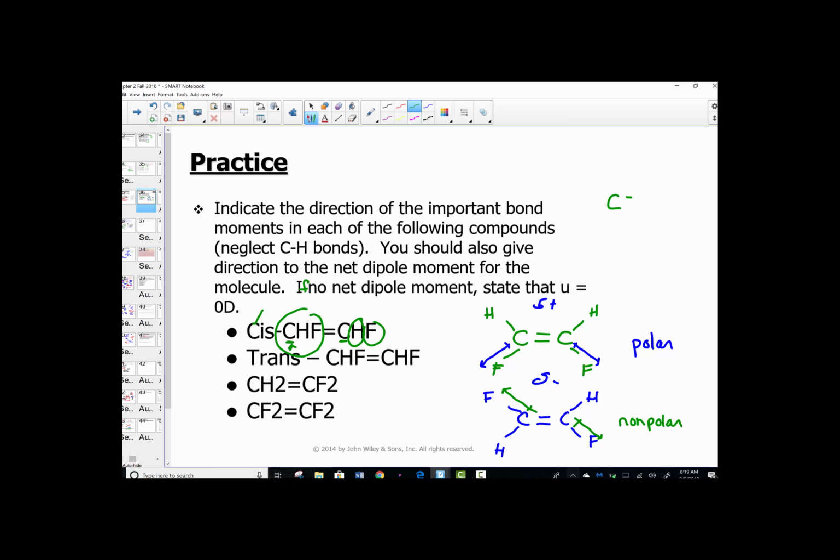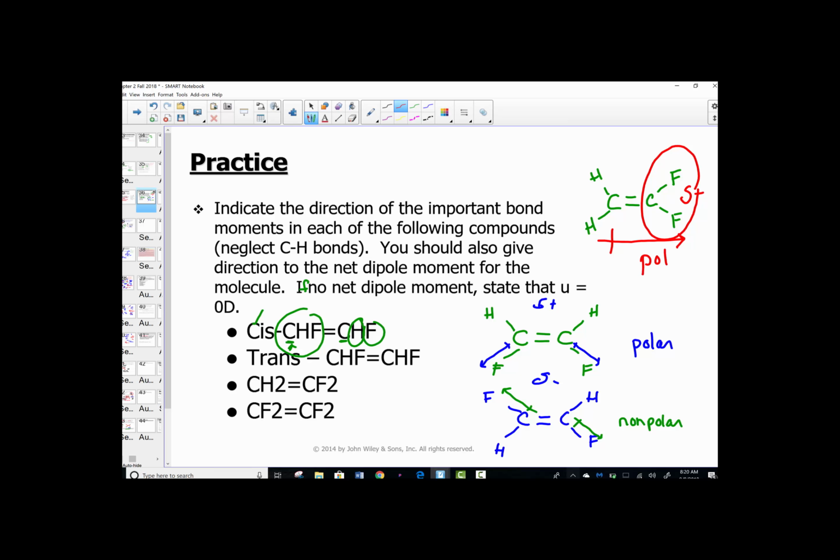What if the carbon-to-carbon double bond showed fluorines on one side and hydrogens on the other? It's not cis or trans because I have two identical attachments on the same carbon, so it's impossible to say cis or trans. So I can clearly see this region of the molecule, that highly electronegative fluorine, would be very rich in electron density. So the vector quantity would simply be pulling towards that side.